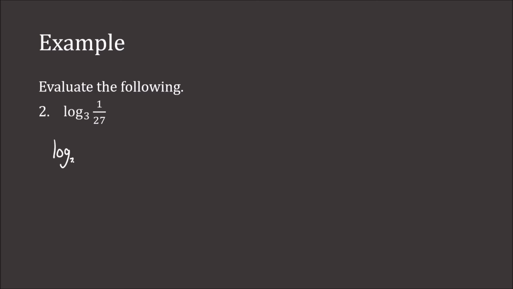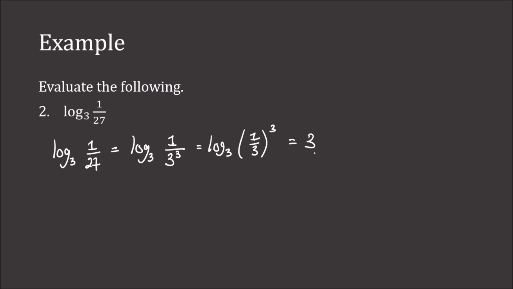So log base 3 of 1 over 27 is equal to what? Again, we want to try and write 1 over 27 as a power of 3. So 27 is 3 cubed, and using laws of exponents, 1 over 27 is 1/3 all cubed.